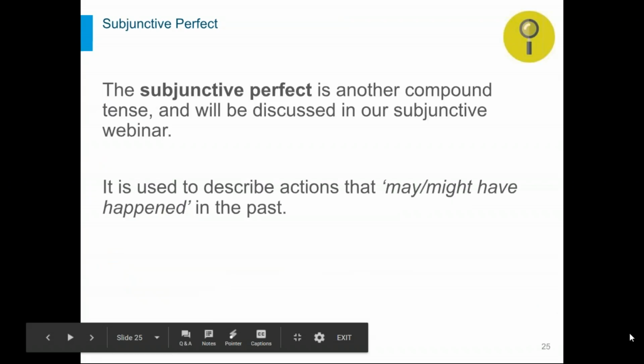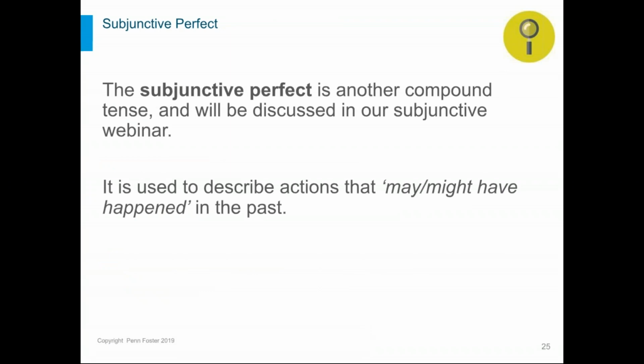Finally, a topic that we will not get into in detail today. It is something that will be discussed on future webinars coming up soon in May. If you would like to learn more about subjunctive, we encourage you to sign up for those. Subjunctive perfect is another compound or perfect tense. Like I said, it'll be discussed in upcoming webinars, but just to introduce it briefly here, it is the tense that is used to describe actions that may or might have happened in the past.